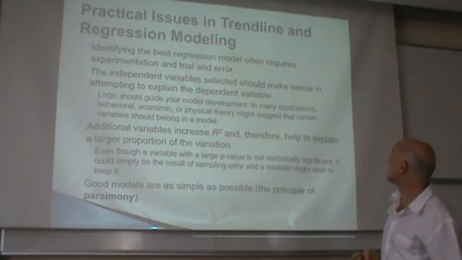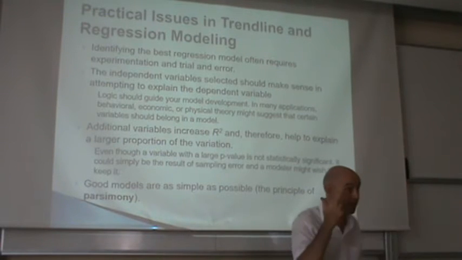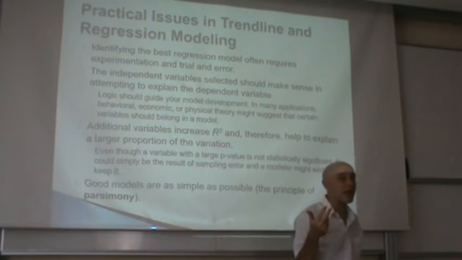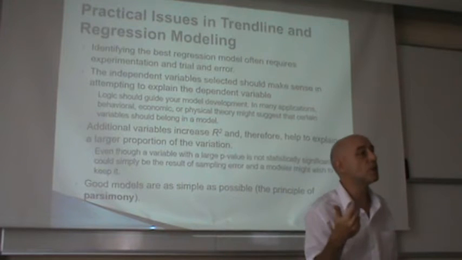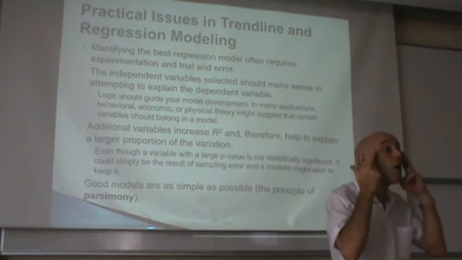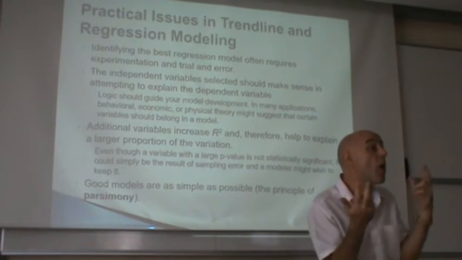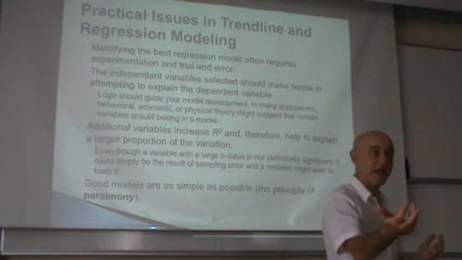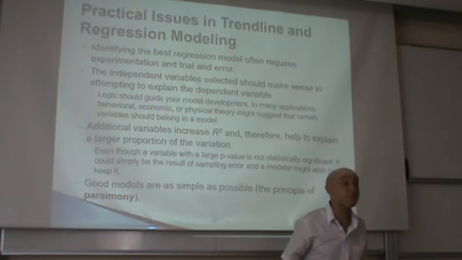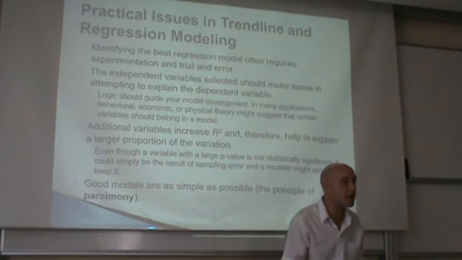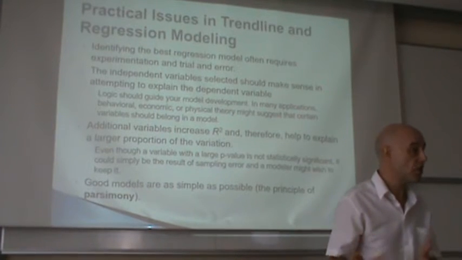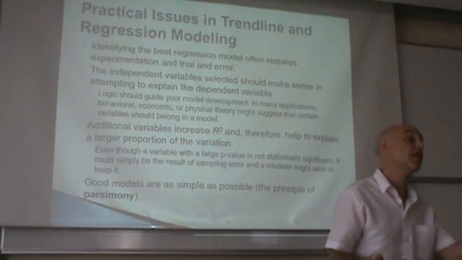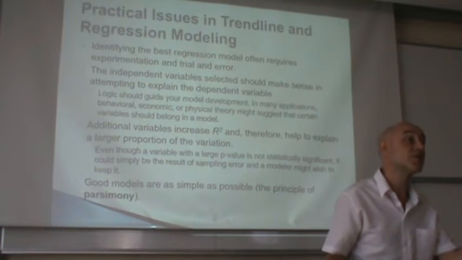The independent variables should make sense. So whenever you look for an explanation, you need to look for common sense. Okay? Common sense usually tells us that people that make more money are usually richer, right? Wealthier. Well, remember, in America that's not true.